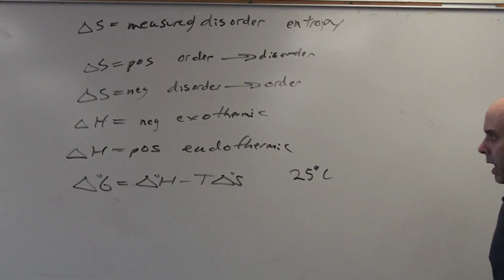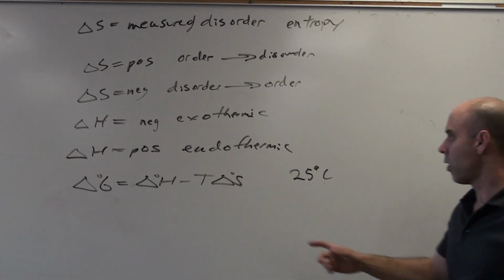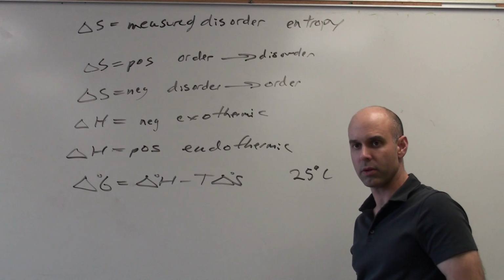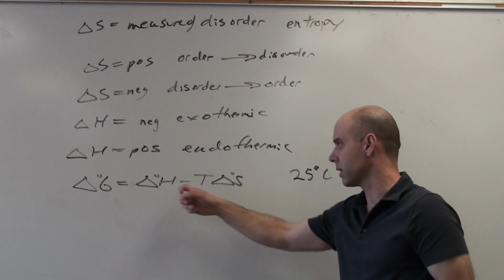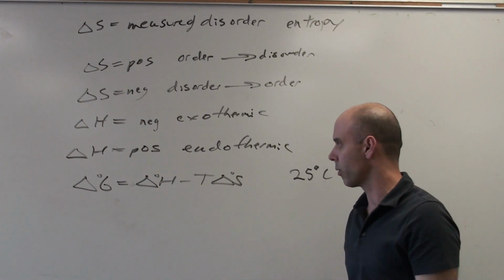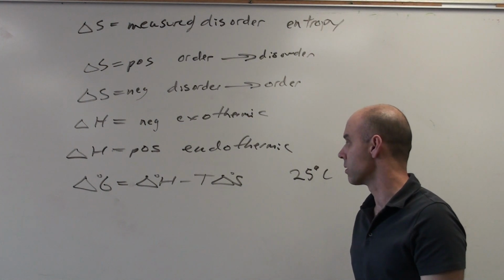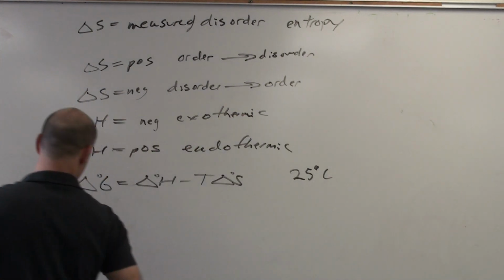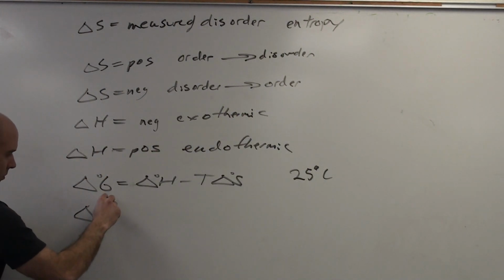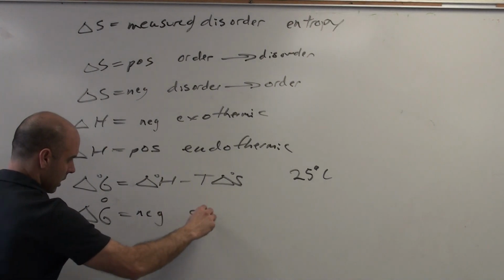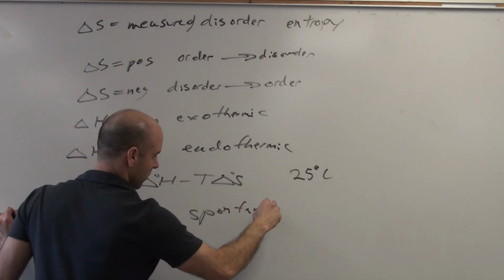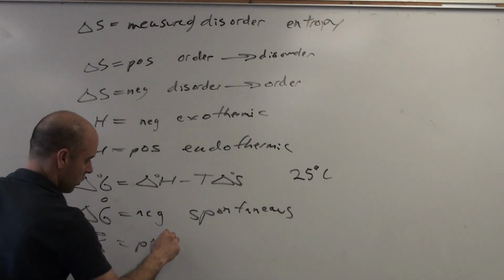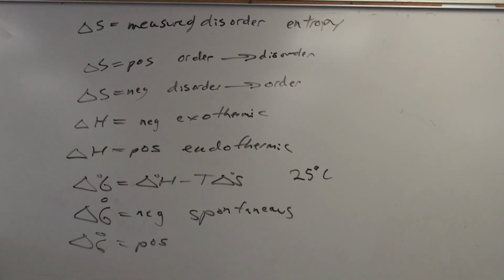But for AP Chem, they usually say, okay, you're changing the temperature, assume that the delta H's don't change, because in order to recalculate the new values, you have to know differential equations. So, if delta G is negative, what does that mean? Reaction is spontaneous. Yep, spontaneous. And if delta G is positive, then it's not spontaneous.